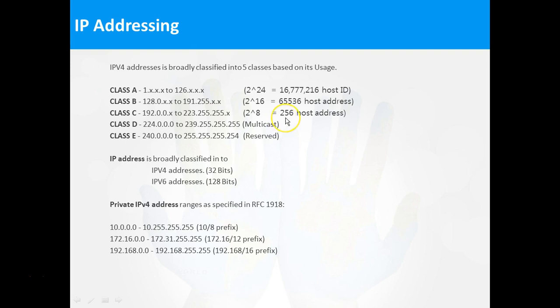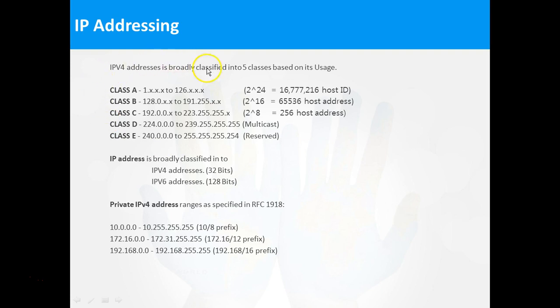And in class C it's almost 256 addresses. Also you can see the ranges of these IP addresses. Class A's range is from 1 to 126. Class B is from 128 to 191. Class C is from 192 to 223. Class D is 224 to 239. Class E is 240 to 255.